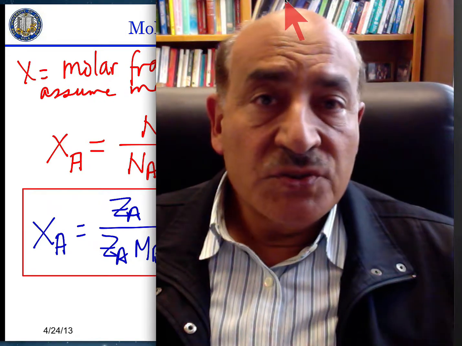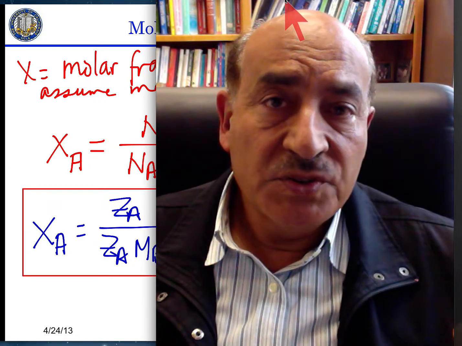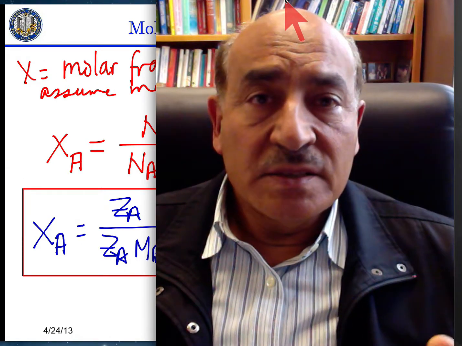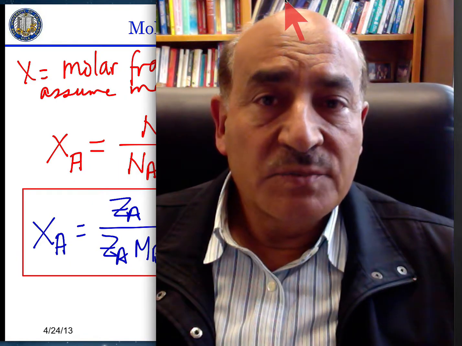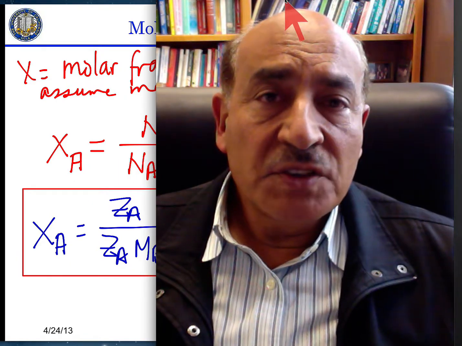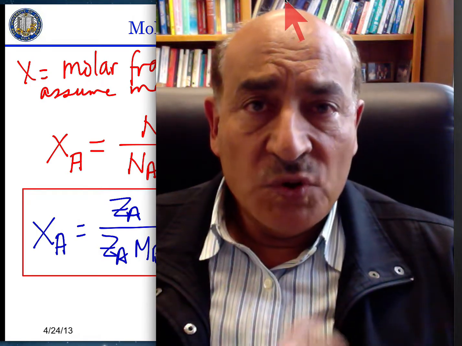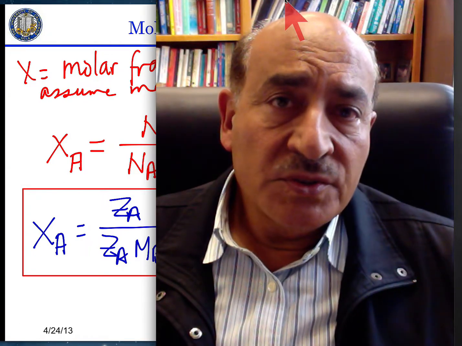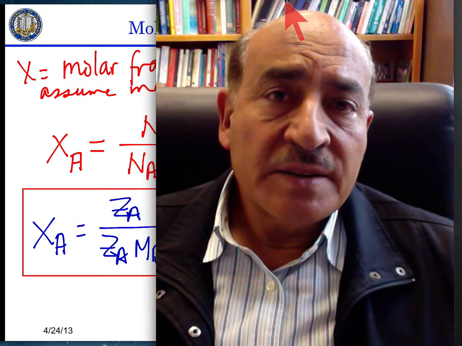So in order for us to do that conversion, if the molar mass difference is very large, then you can have a huge difference. If the molar masses are similar, then the changes are not going to be that large. But anyway, we have to do that conversion whenever we go from the molar solutions that we get from thermodynamics to the lever rule solutions that we actually get from the phase diagrams.